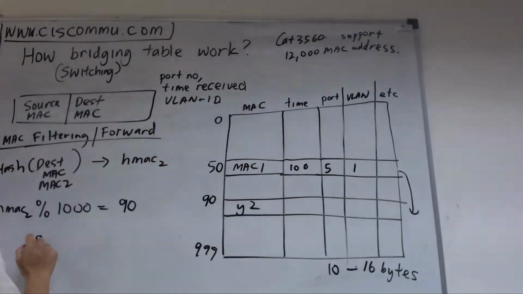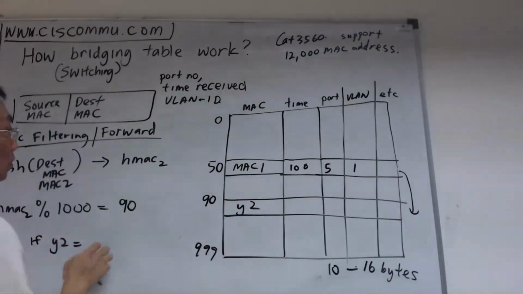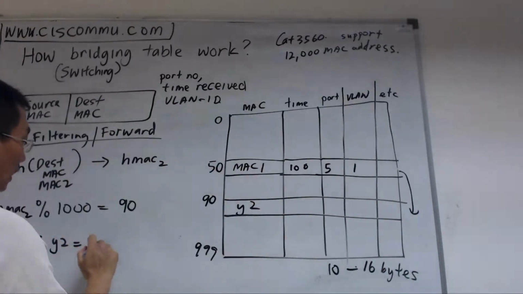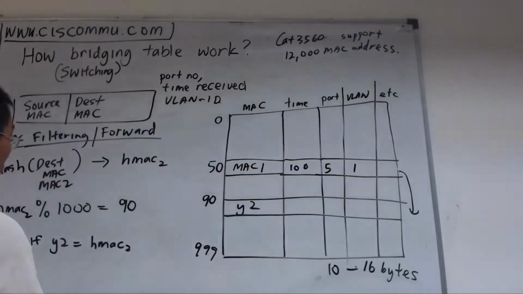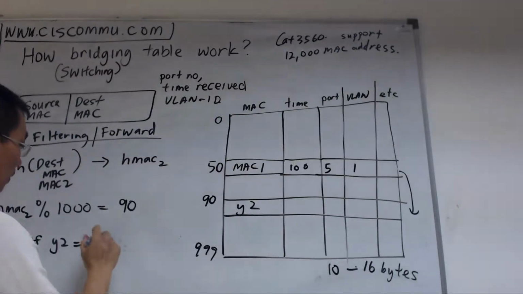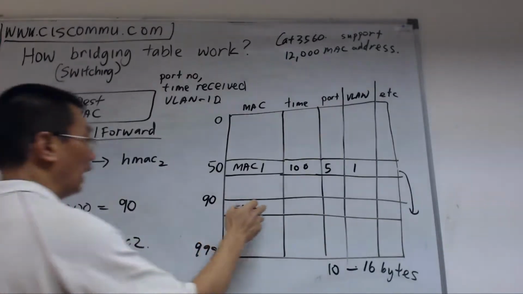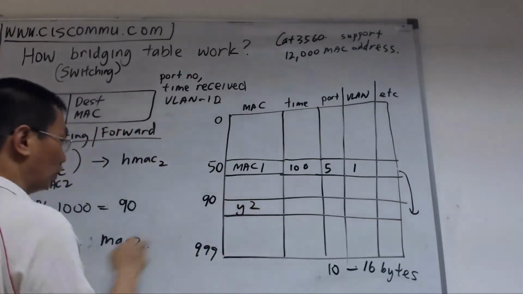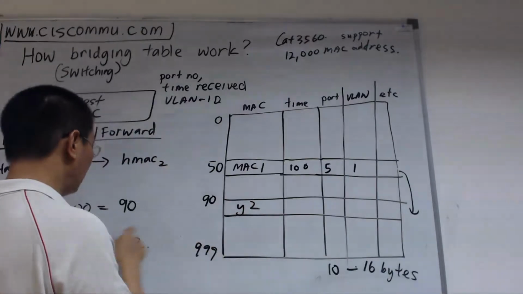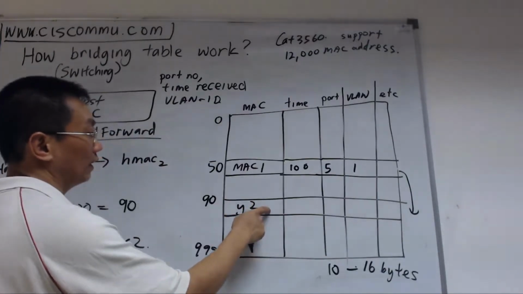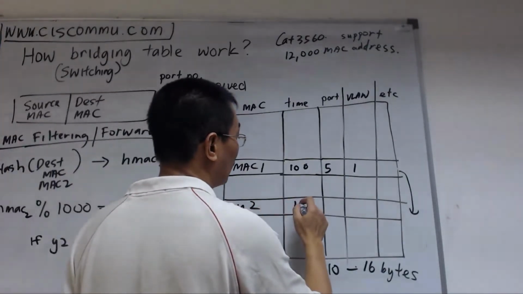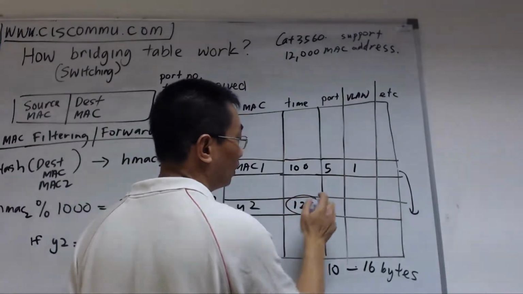If Y2 equals MAC2, then you have a match. You have found the destination MAC address. Then you look at the time to see whether the time has already expired.